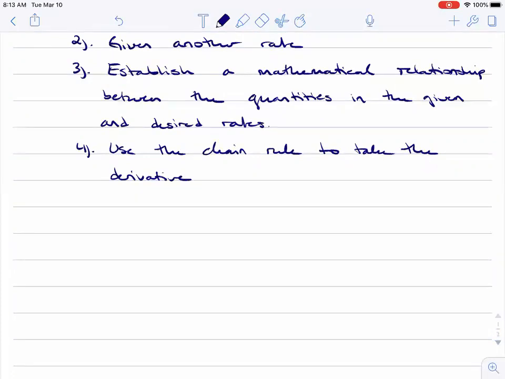Remember, a derivative is a rate of change. And so that's where the related rates come from.